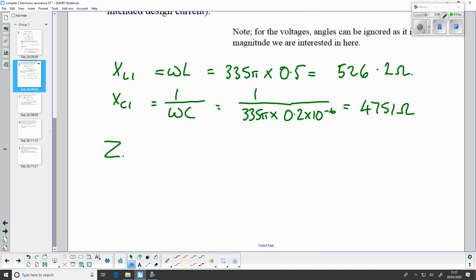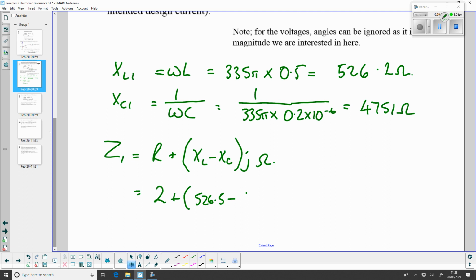Therefore, Z1 is equal to R plus (XL minus XC) times j, which is resistance 2 plus (526 minus 4751) j. Convert that using polar operators, because you all remember how to do that.